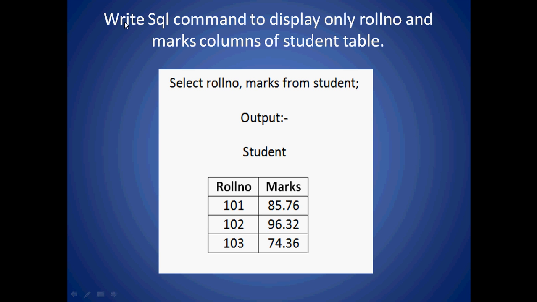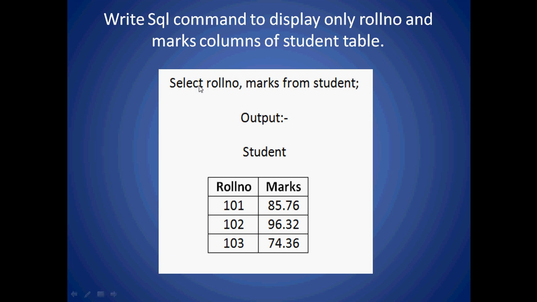Okay, now suppose I want to display selected columns. So write an SQL command to display only the roll number and marks columns of the student table. We write SELECT, because I want roll number, so roll number, then comma, marks, FROM student table. You can see this is our output: roll number, marks, 101 85.76, 102 96.32, 103 74.36.